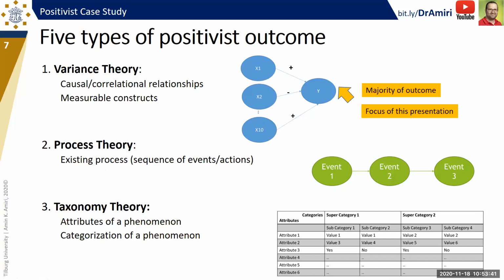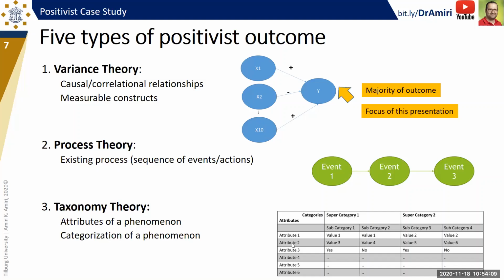The third type of theory is called taxonomy theory. You try to identify the attributes of a new phenomenon. Assume that blockchain is very new, it's 2009, so everyone is interested in blockchain. You want to find different attributes of this phenomenon. You want to categorize blockchains into different categories, so you have some understanding of these blockchains.